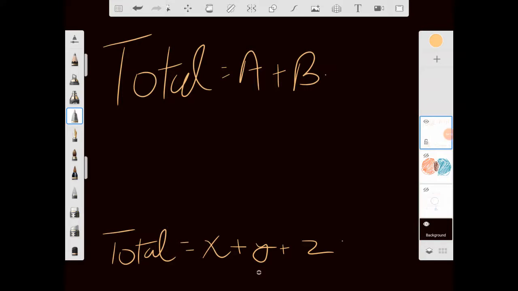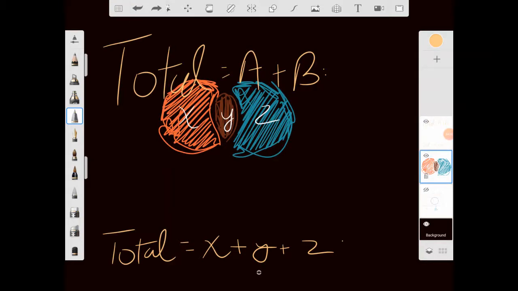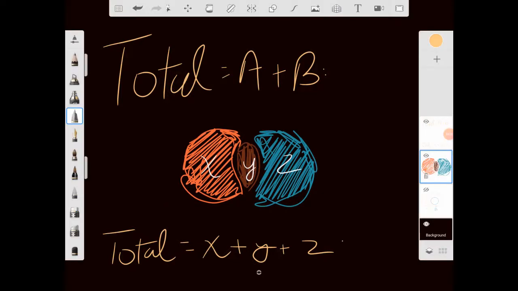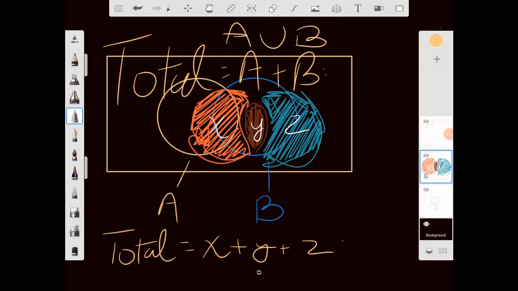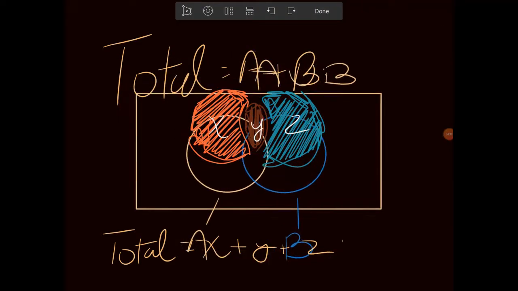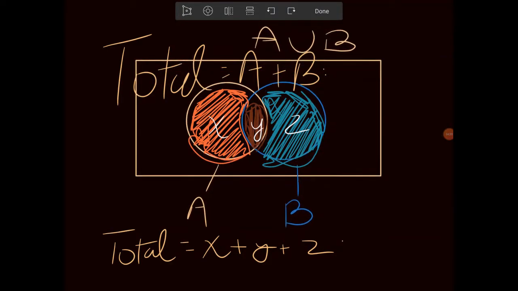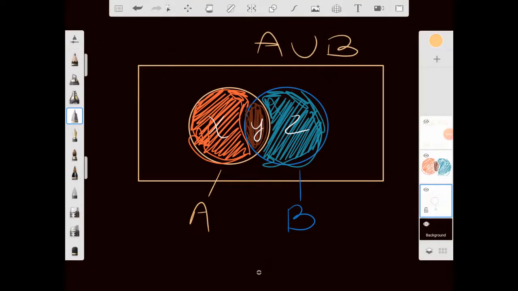Now both of these formulas cannot go together, because here we have a small issue. Let me make it clearer.